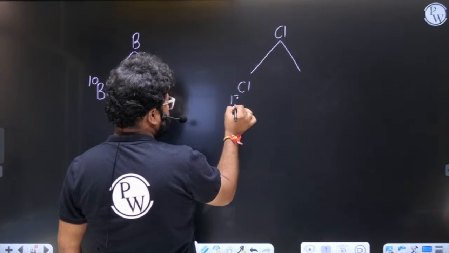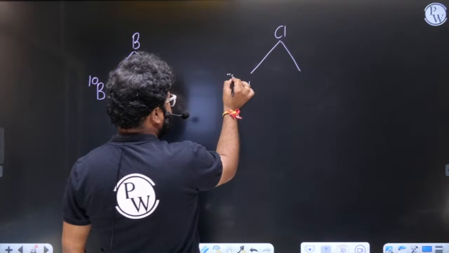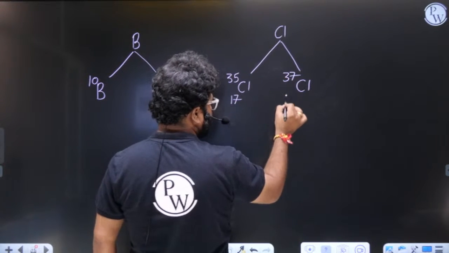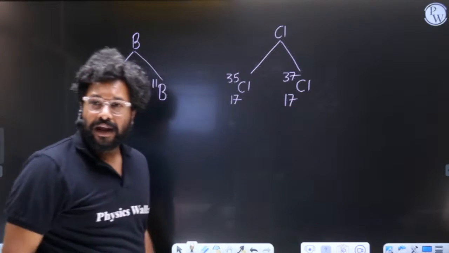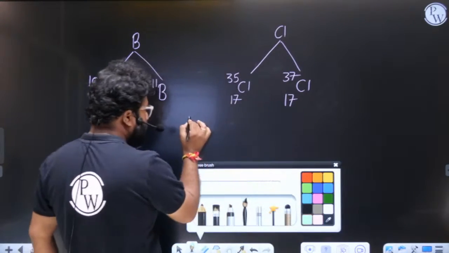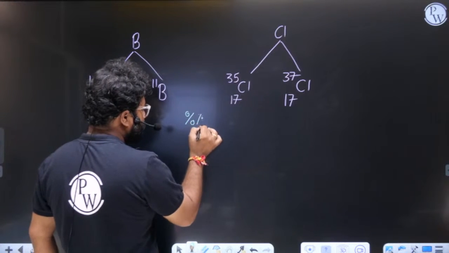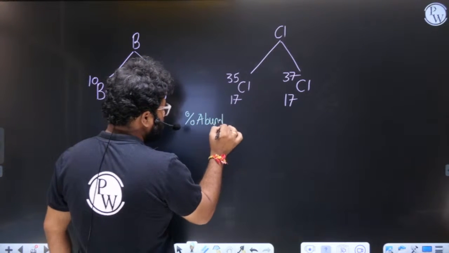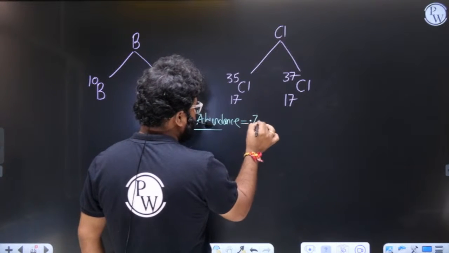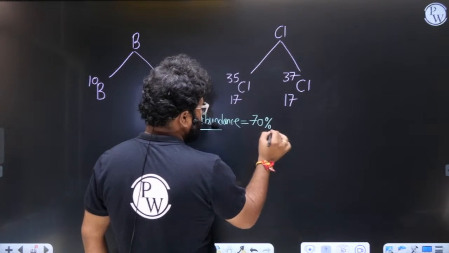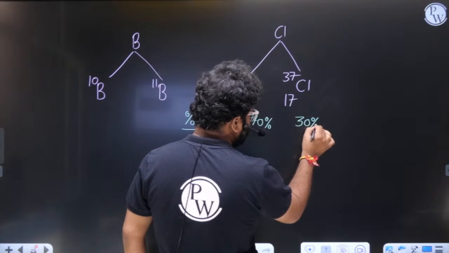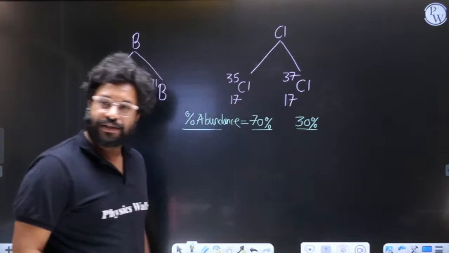Chlorine's atomic number is 17, but the mass numbers are 35 and 37. Now you also need to know their percentage abundance. The percentage abundance of chlorine 35 is around 70%, and for chlorine 37 it is around 30%. So this is their abundance.